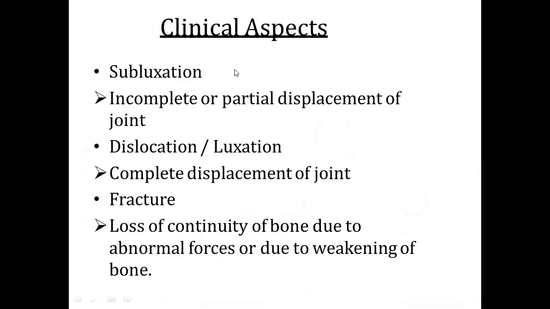And the clinical aspects. Subluxation is incomplete or partial displacement of a joint. Dislocation or luxation is complete displacement of a joint. Then fracture is loss of continuity of a bone due to abnormal forces or weakening of the bone. A break in the continuity is called a fracture.